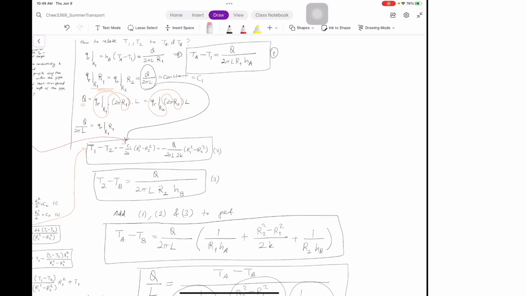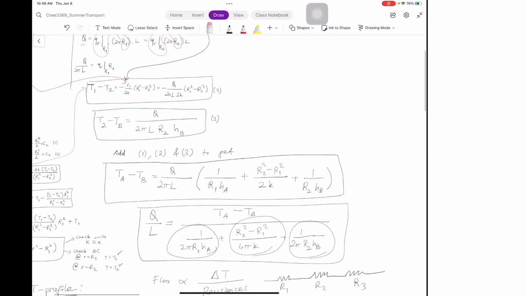Directly. And we already know what is T1 minus T2. So we can substitute that in this T of R function that we have got earlier on.